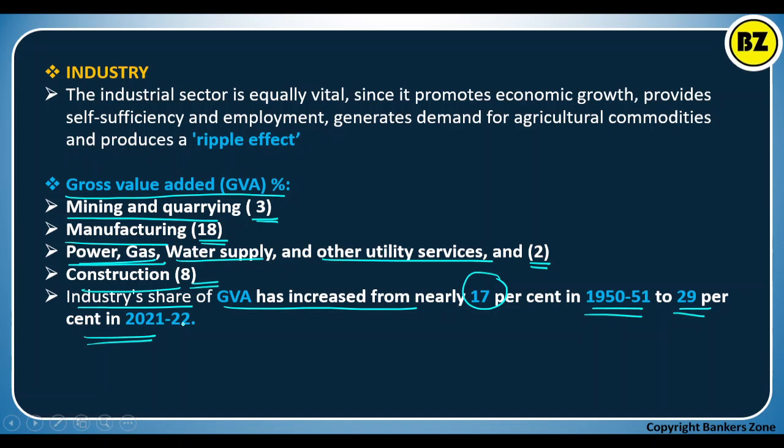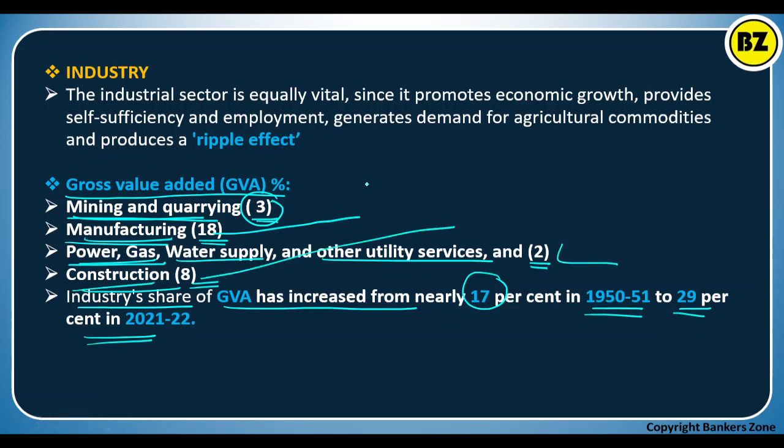Okay, those financial years. So how much has the industry share increased? It is around 17%, from 1950 to 2021-22. So what is the percentage of GVA? See, mining and quarrying 3%, manufacturing 18%, power, gas, water supply and other utility only 2%, and construction has 8%.